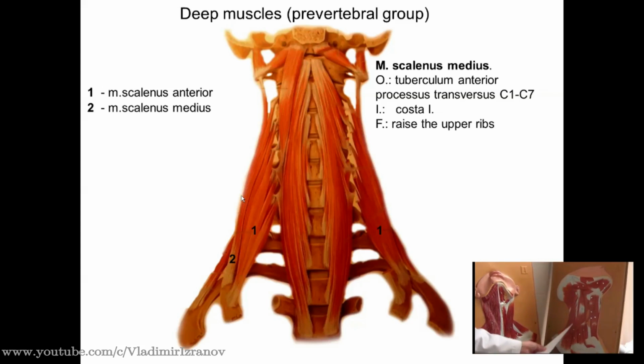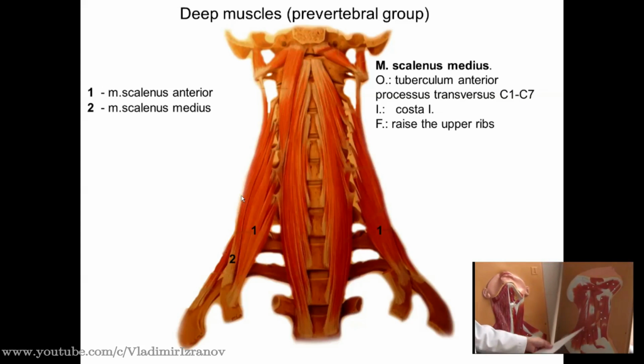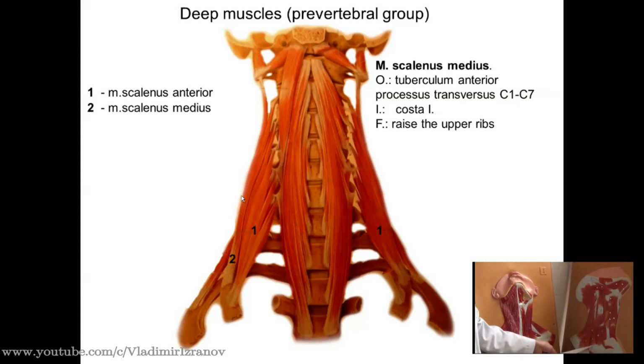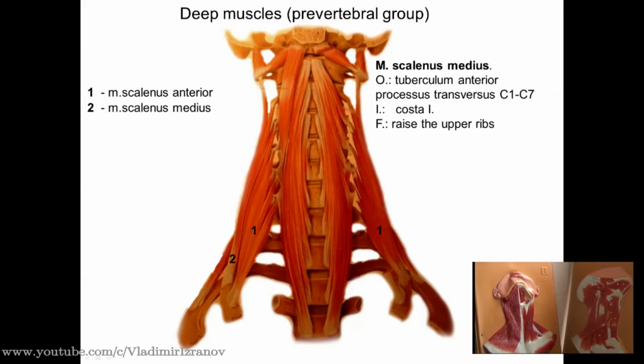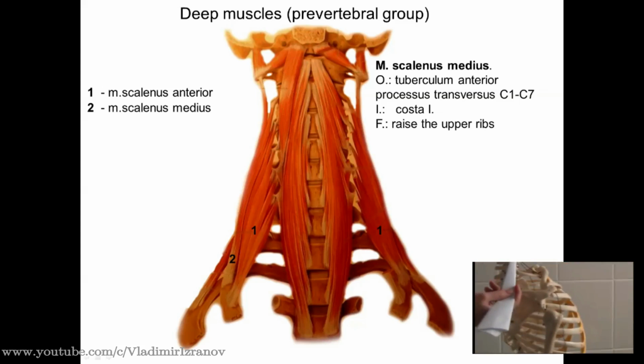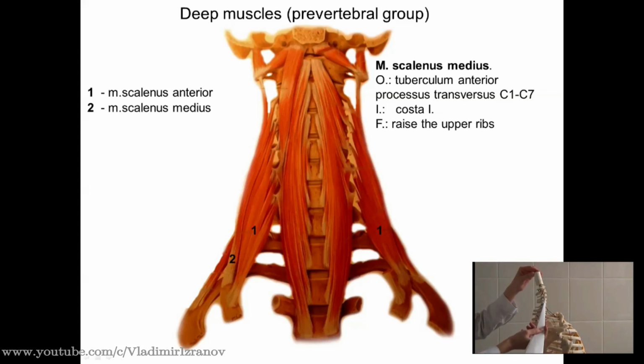Musculus scalenus medius begins from tuberculum anterius processus transversus of vertebra cervicalis from 1st to 7th, on processus transversus, and inserts also in the first rib, costa prima.